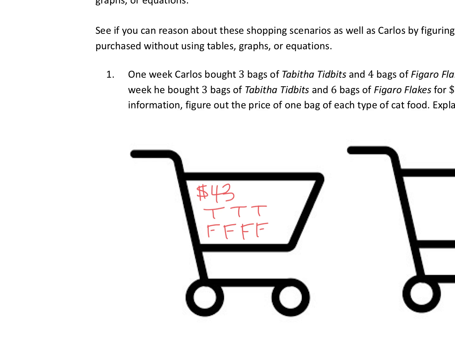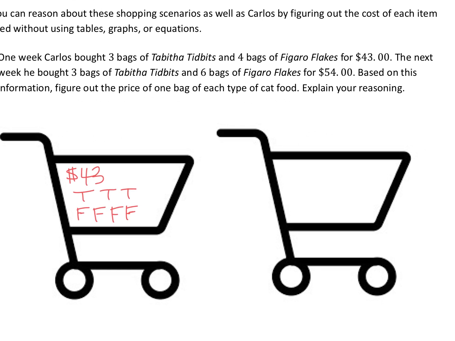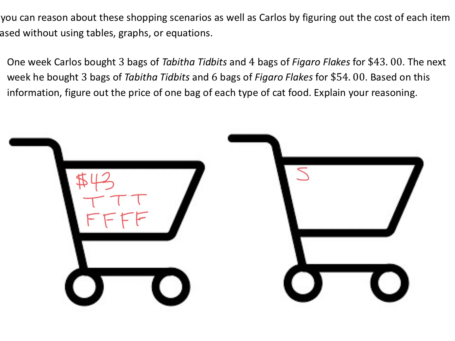And then his second week, his second receipt, he says that he spent $54. So let's put our total here, 54. And he bought 3 bags of Tabitha Tidbits, so I'm just going to write 3 T's again. And this time 6 bags of Figaro Flakes, so we'll put 6 F's: 2, 3, 4, 5, 6.